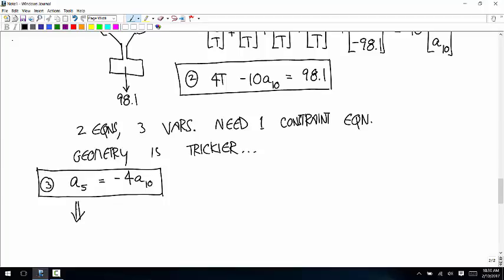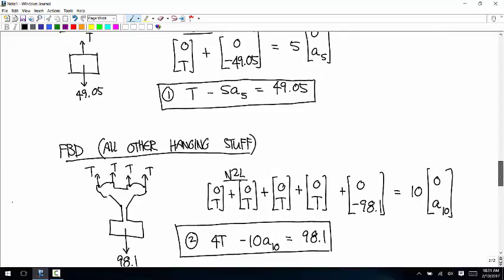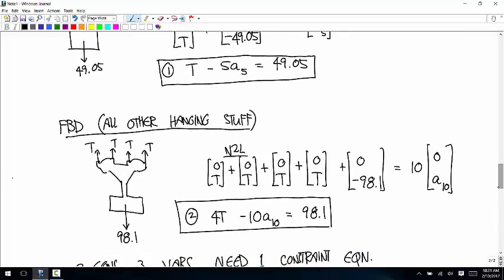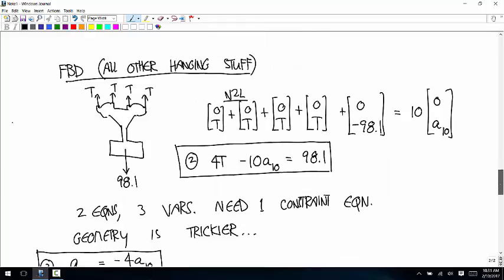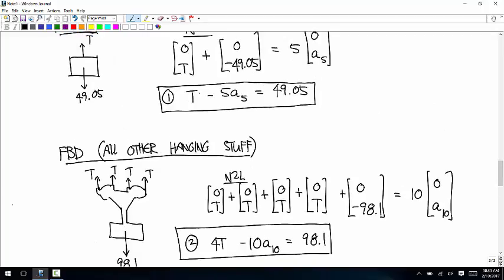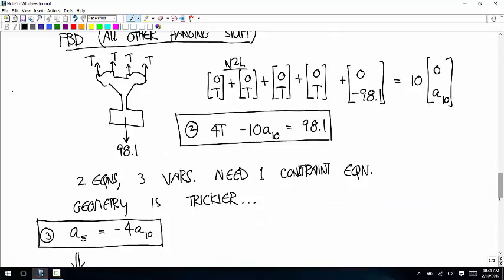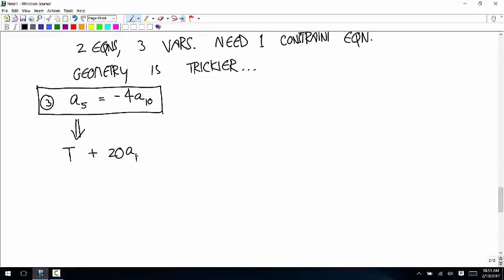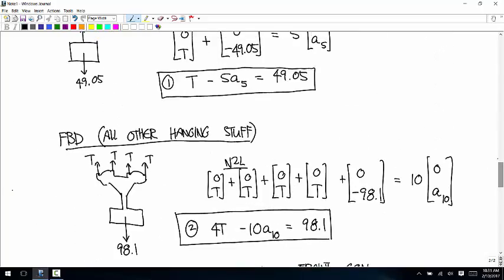And so I'll make that substitution into the first one. So T plus 20 A10 is equal to 49.05. No, that was the other one, wasn't it?